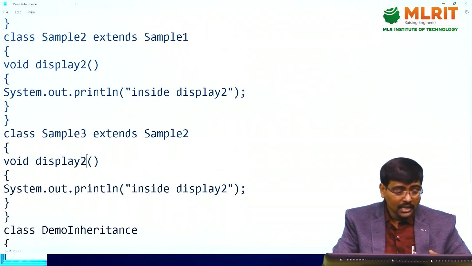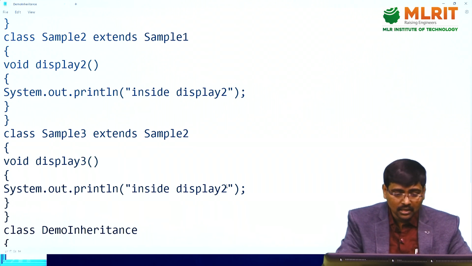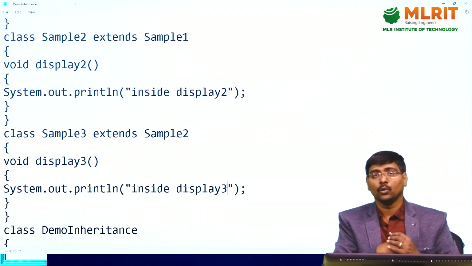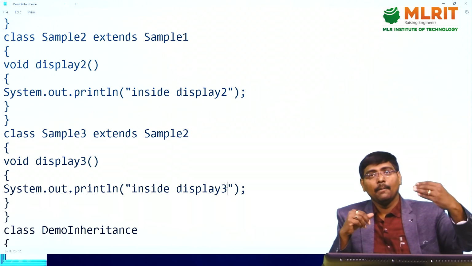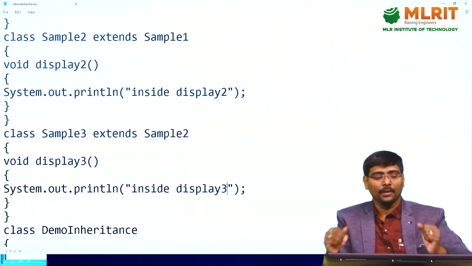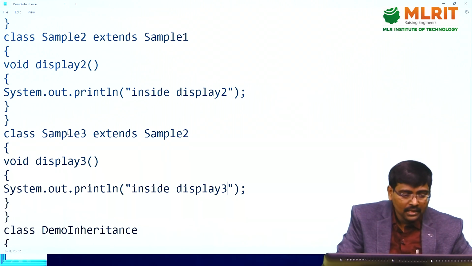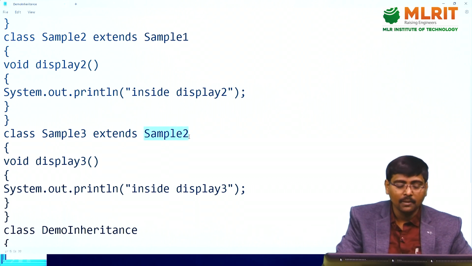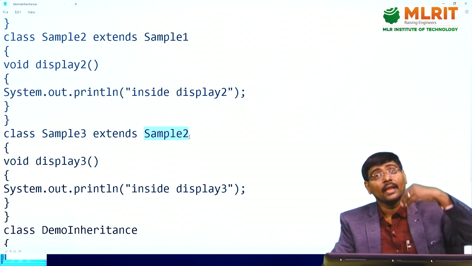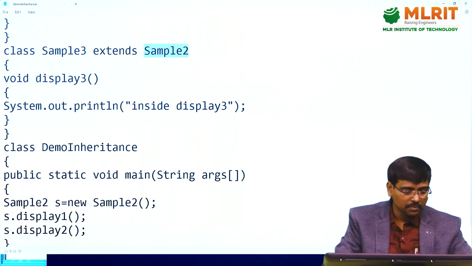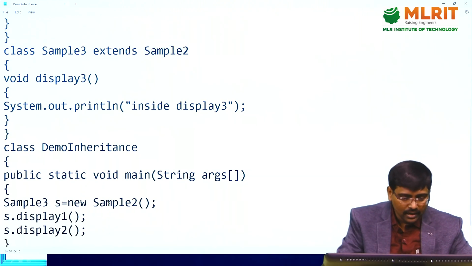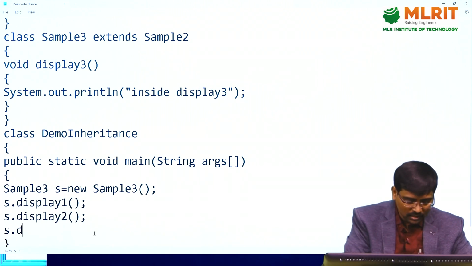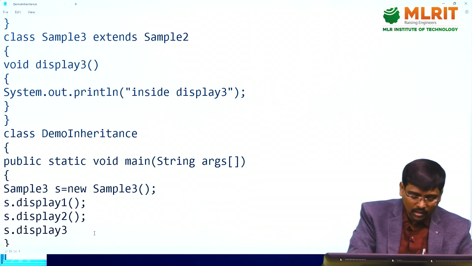Now how many methods does sample3 consist of? Sample3 is inherited from sample2, and internally sample2 is inherited from sample1. Now sample3 consists of its own method display3 along with its parent method display2 and its grandparent method display1. So you create an object for sample3 and by using that object, you call all the methods.